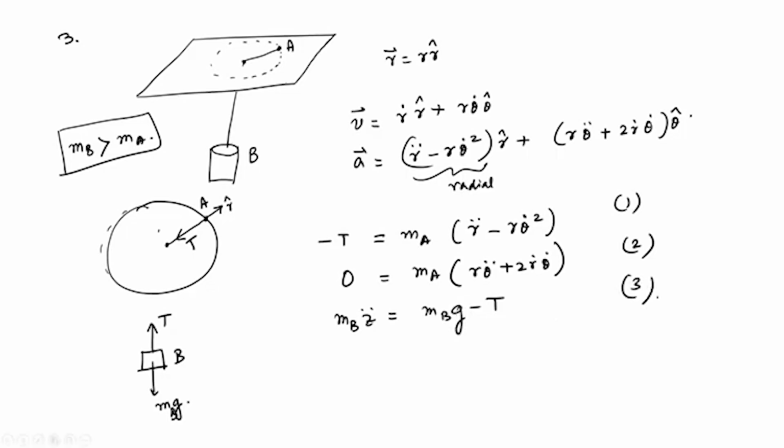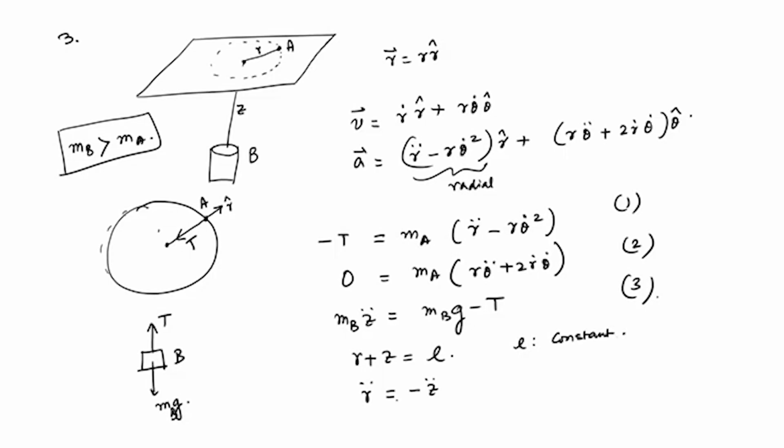So, these are the 3 equations that you have to solve. This is r, the radius of the orbit, and this is the hanging part. That is why we have written m_B z double dot, and r plus z remains constant, equal to L. That tells you that there is a relationship between r double dot and z double dot, because L is constant.